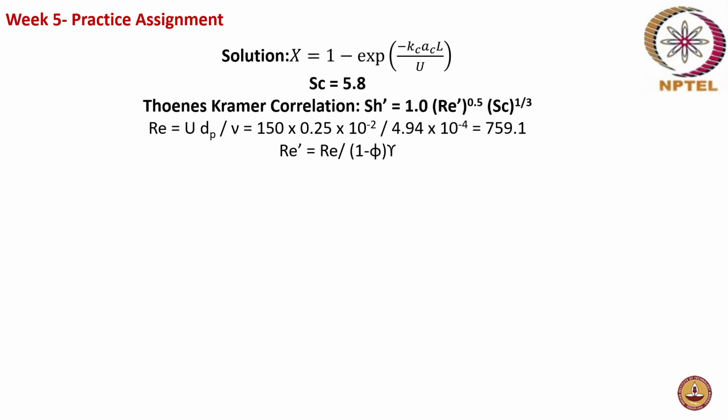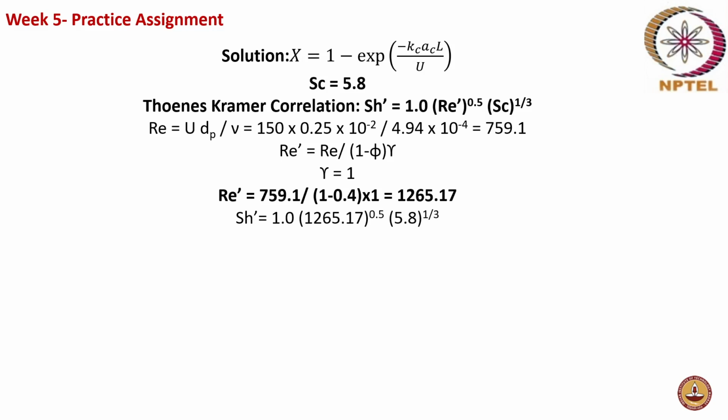So for a spherical particle, your shape factor is equal to 1. And you already have phi, which is your porosity. Substituting that, you will get your modified Reynolds number as 1265.17. Now, incorporating the values of modified Reynolds number and Schmidt number, you will get your modified Sherwood number as 63.91.